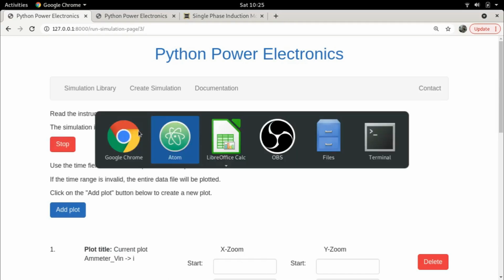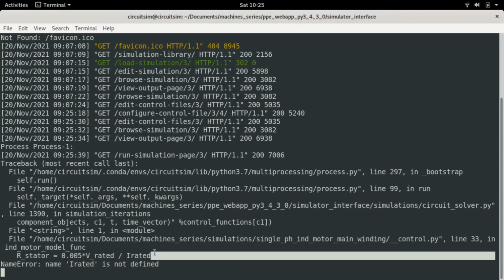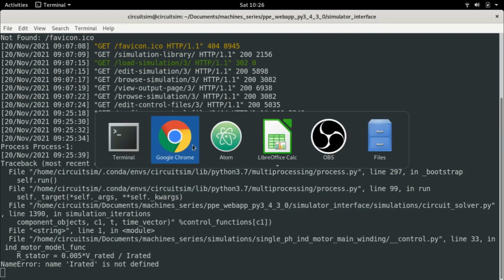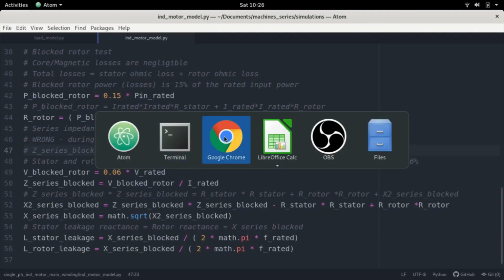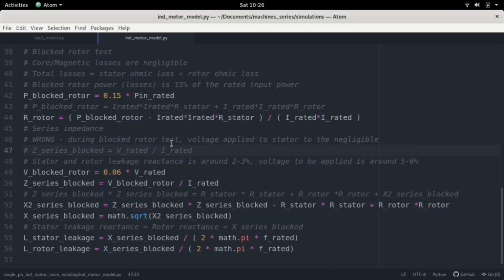It says simulation is running, but as I said, always go to the command line and make sure that there is no syntax error. And you can see there is a syntax error: I rated is not defined. Quite likely I'm using a different variable from the one I had defined first. Let me stop the simulation and find out.